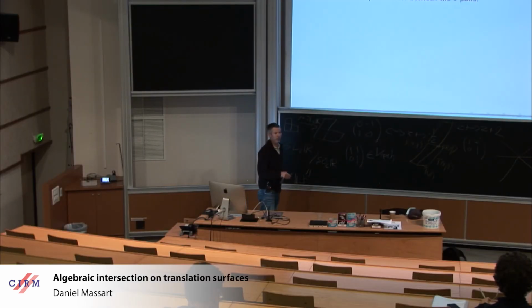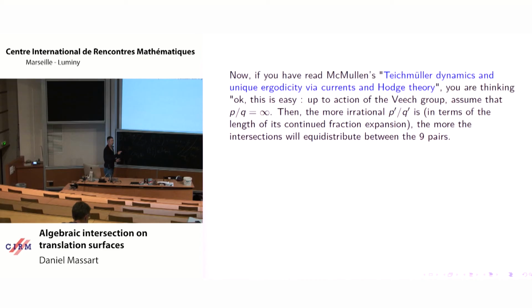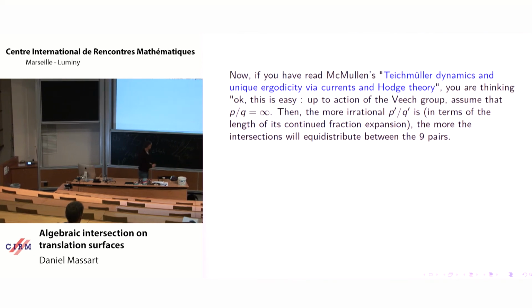And so the next question, if you will, is now let's take rational directions with the denominator going to infinity. Is it true that the closed geodesics in this direction are going to equidistribute? And it turns out that the answer is no. I'm not even going to attempt a drawing, but you can find beautiful drawings in a paper by Samuel Lelièvre.